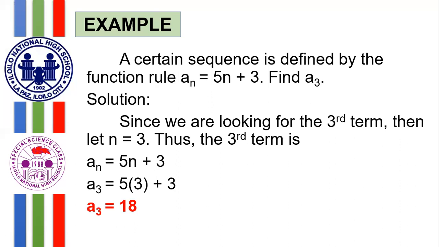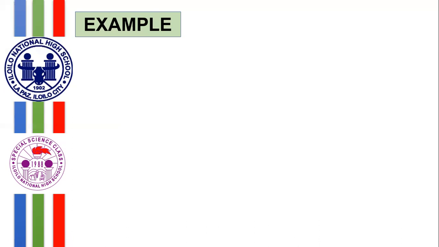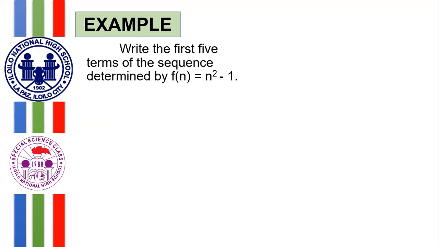Therefore, the third term of the sequence defined by a sub n equals 5n plus 3 is 18. I hope you understood it. Let us have another example.